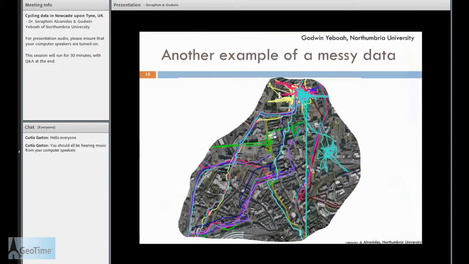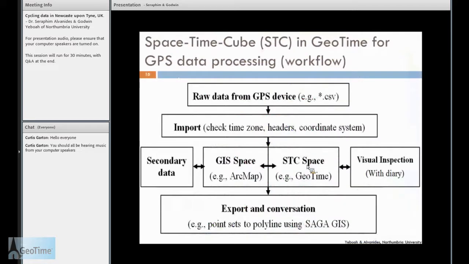As a way of cleaning this messiness or noise in the data, I introduced a space-time cube-based data cleaning approach using GeoTime. This shows the workflow itself. In this approach, the raw GPS data is loaded into the space-time cube in GeoTime, and secondary data such as OpenStreetMap with the travel diary are used to assist in visual inspection and decision making regarding which part of the GPS data is redundant and needs to be removed.